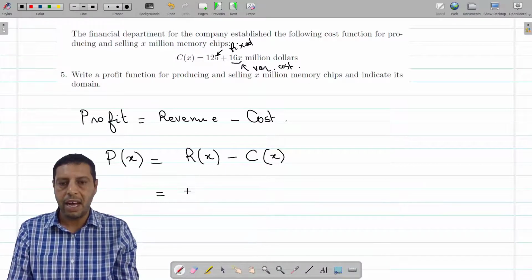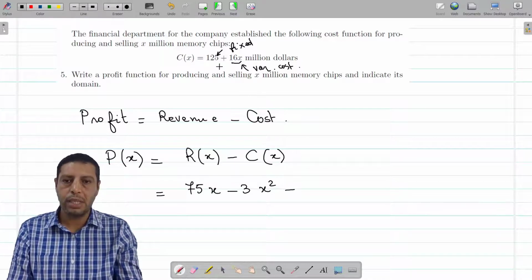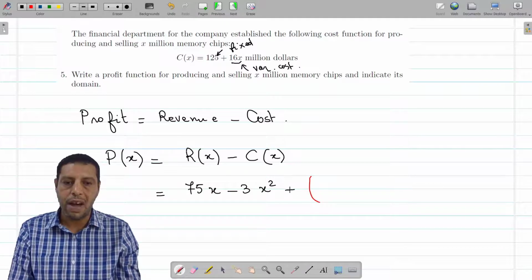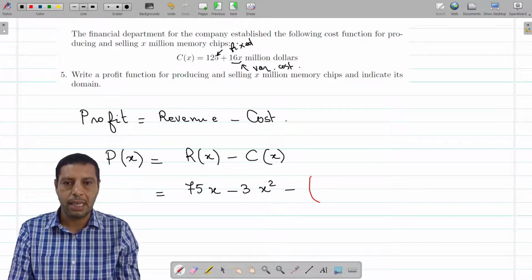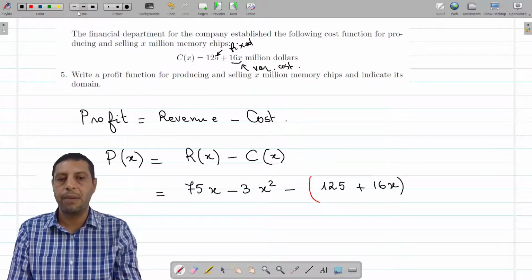Remember that R of X is equal to 75x minus 3x squared, minus the cost expression, but here pay attention to put the brackets. Since you have a minus sign, you have to keep the brackets to avoid mistakes. Or you change the signs inside the expression, okay? So plus 16x, I will keep the brackets for the moment, and then I will remove them in the next line.